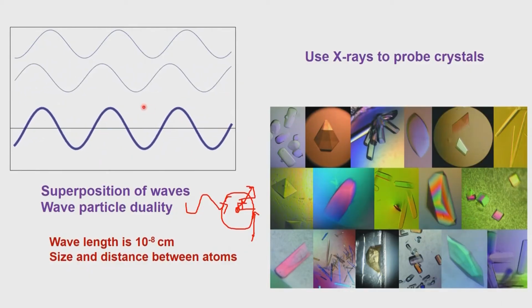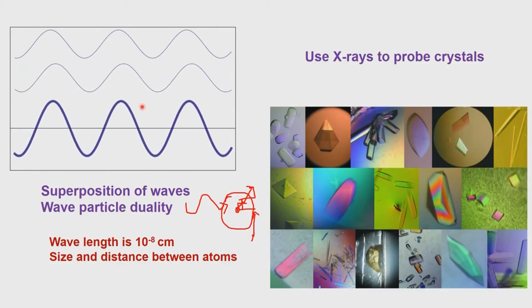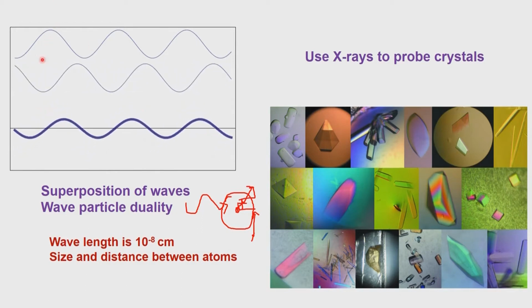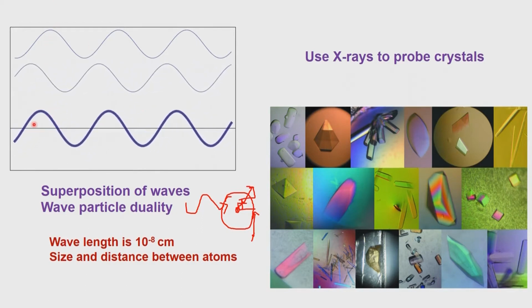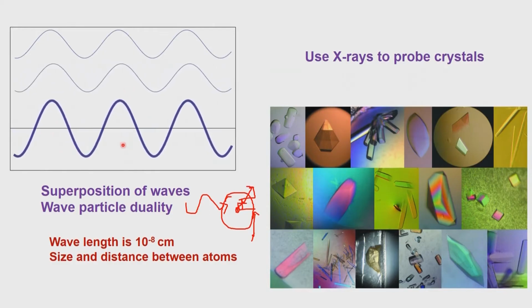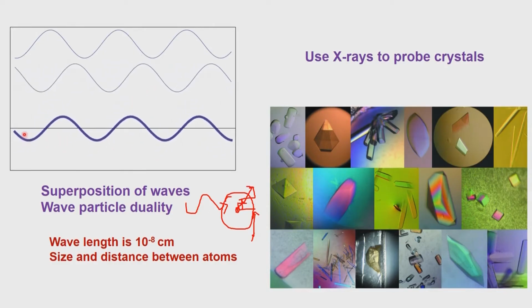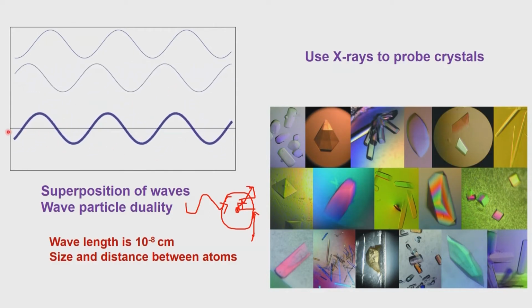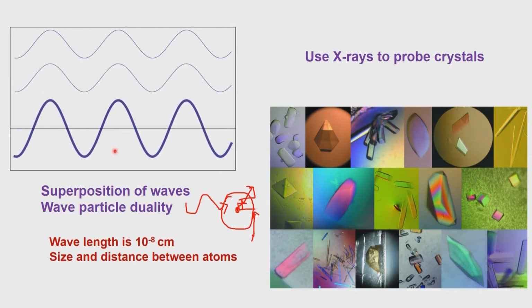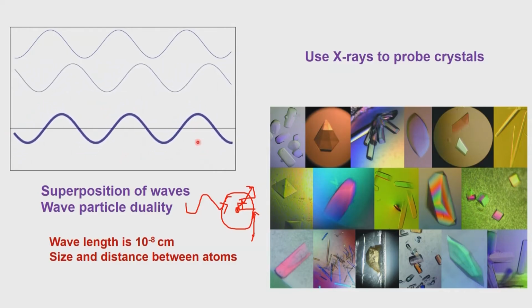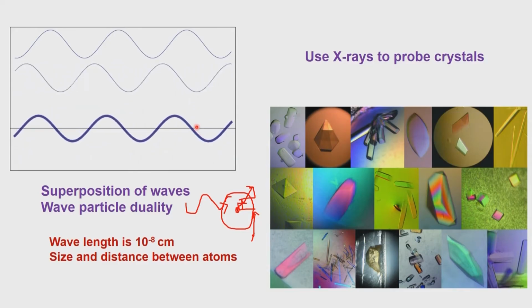So, at the end of the experiment, when it comes outside the crystal, it could be in any of these forms. It could be a highly crest to crest combination or a crest to trough combination. Depending upon that, the value of the phase and the value of the intensity changes.